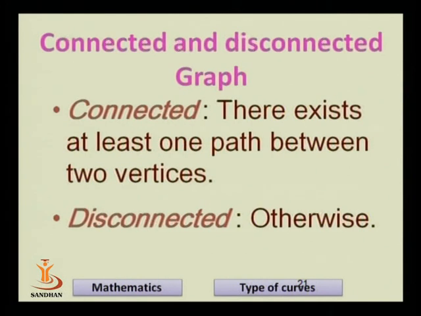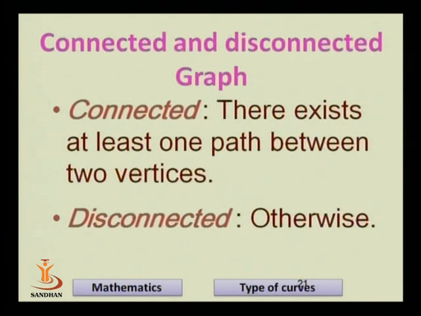Now we see connected graph and disconnected graph. In a connected graph, there exists at least one path between two vertices.